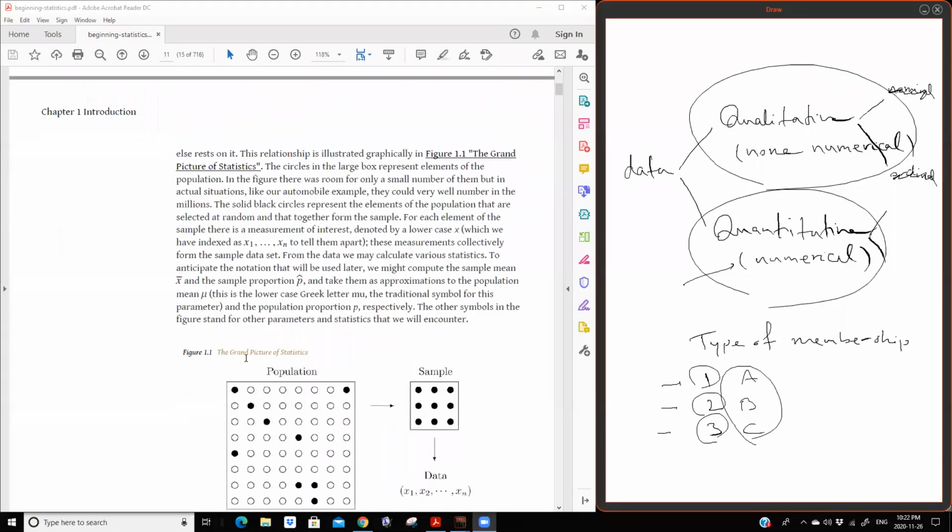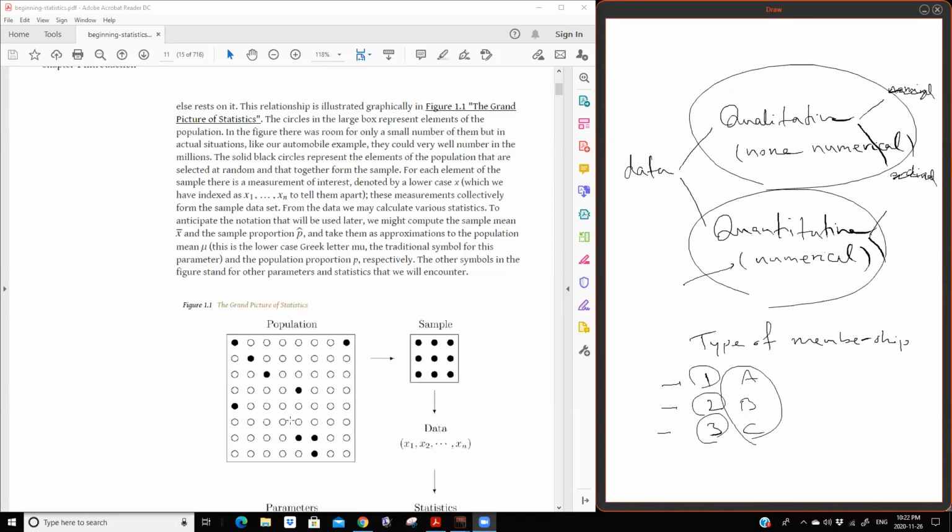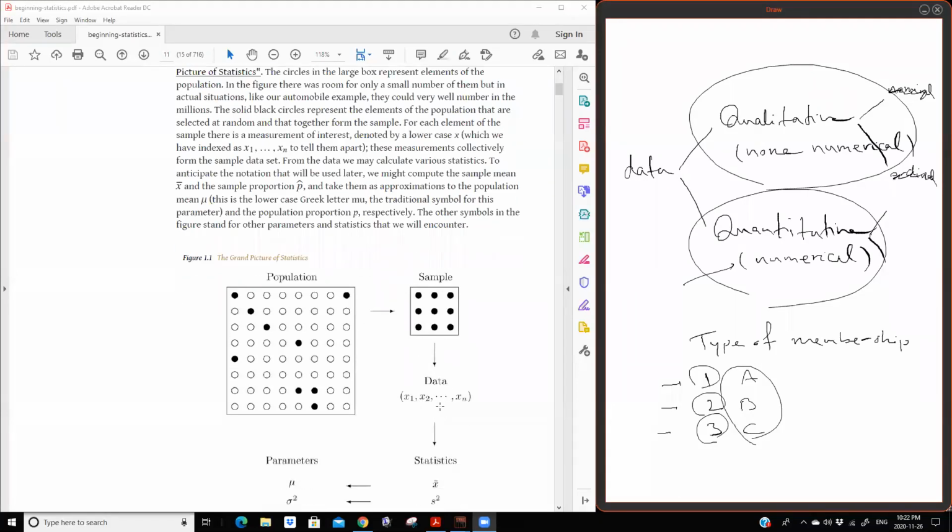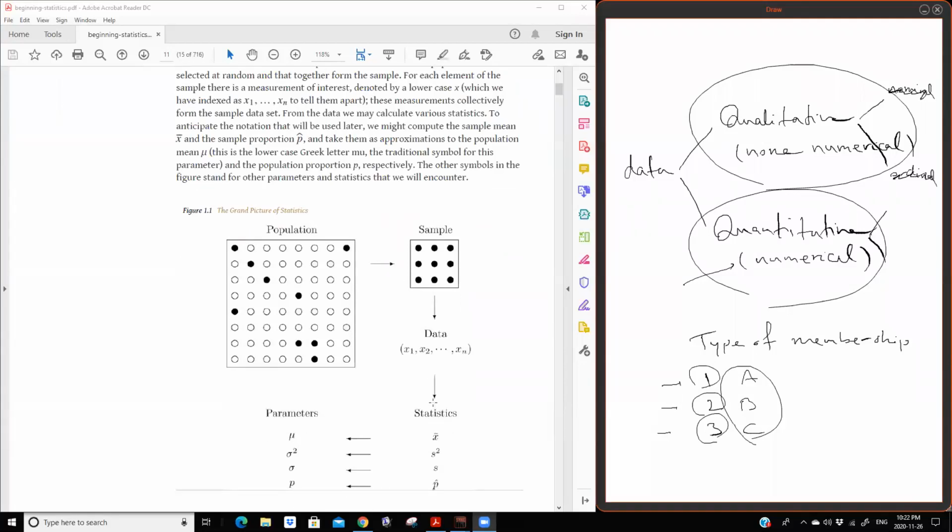So here we have something called the grand picture of statistics. We have a population. From the population, you use a random method to pick some people and bring them into your sample. So you pick individuals randomly, and you create your sample, and that would be your data, which could be qualitative or quantitative.